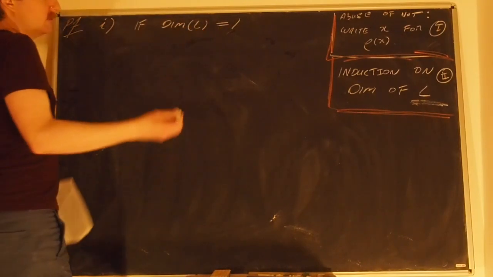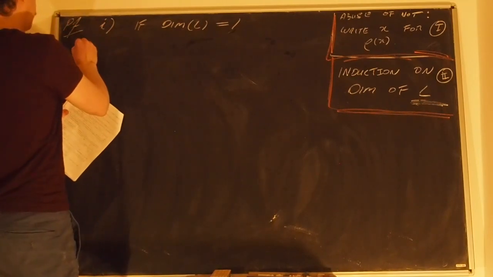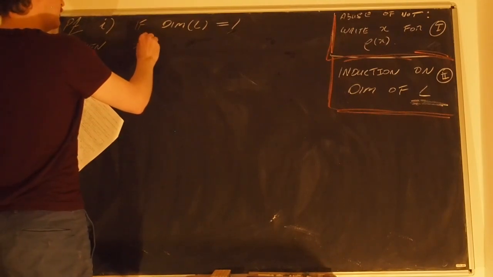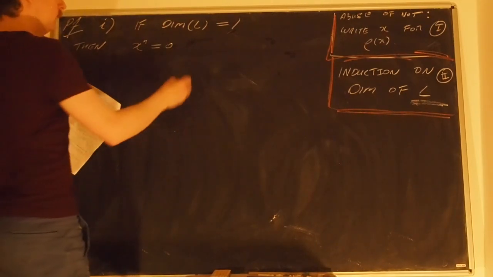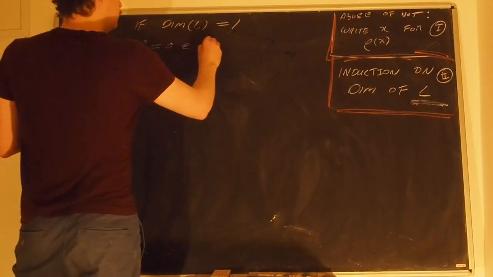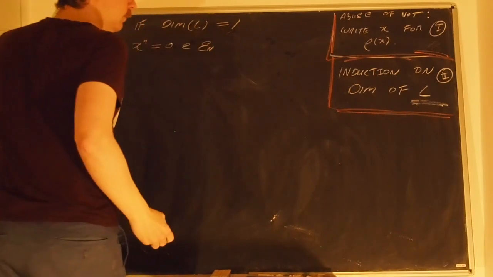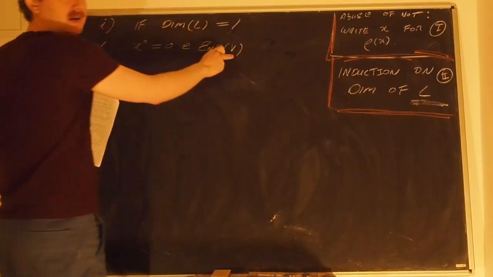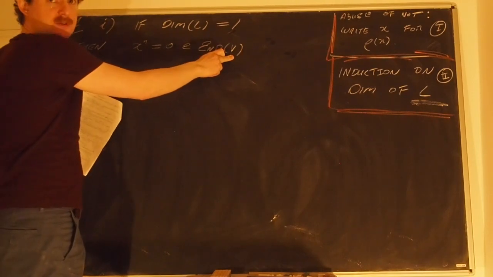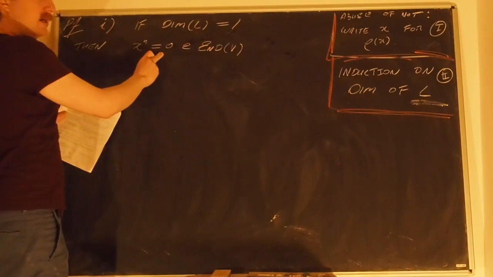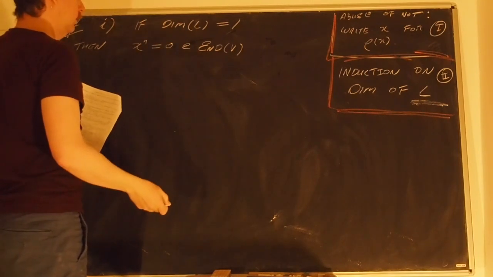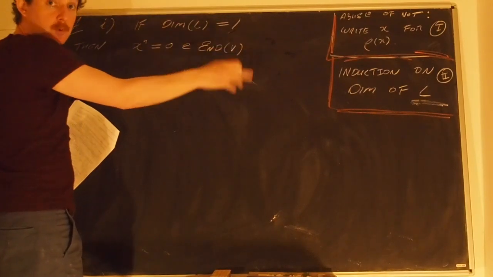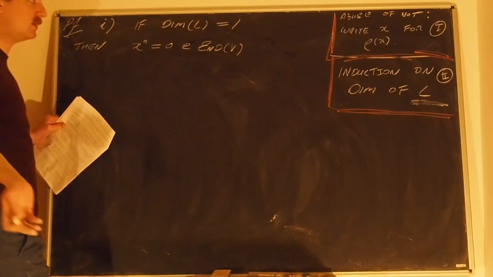So if it's 1, and we know that x to the n is equal to 0, as an element of the endomorphisms of V, the vector space of general dimension upon which we're acting, it's going to be a nilpotent element, a nilpotent matrix if you want to make a specific choice of basis.